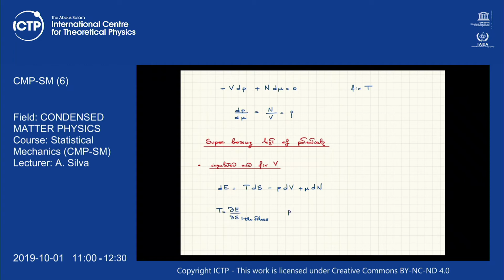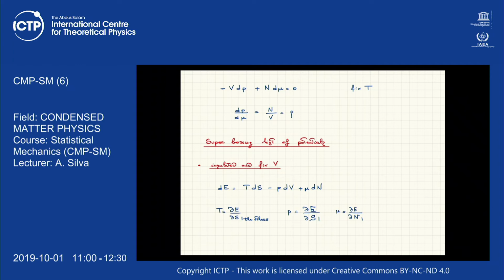So pressure is going to be equal to minus dE/dV, and chemical potential is going to be equal to dE/dN. All right? Now you see that whenever you choose a thermodynamic potential, this is the simplest possible, internal energy, you're thinking about using three independent variables.